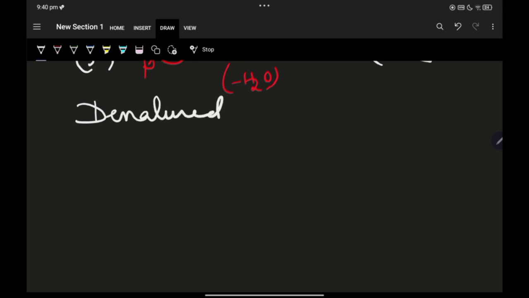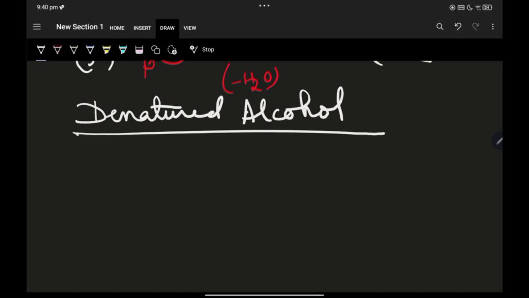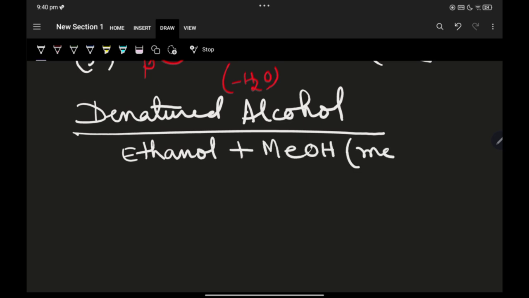Next, we'll discuss something known as denatured alcohol. Denatured alcohol means ethanol contaminated with traces of methanol. MeOH means methanol. Ethanol contaminated with traces of methanol.